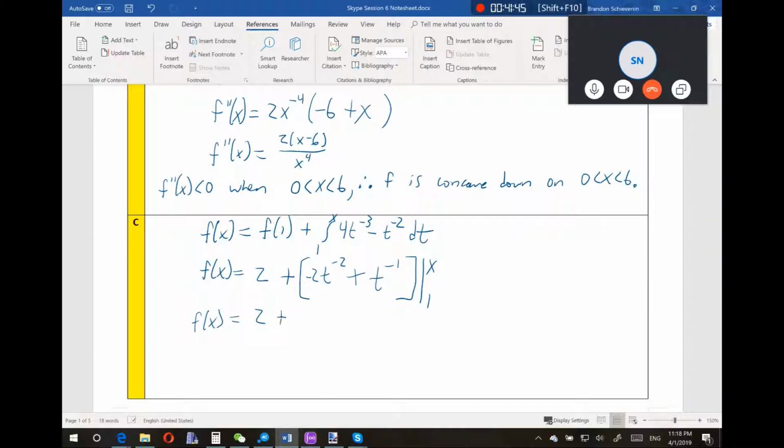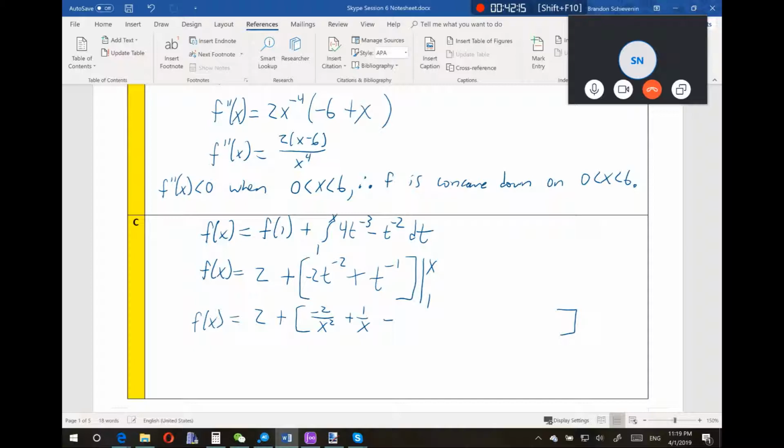It's 2 plus negative 2 plus 1, which is 1. Okay, I'm going to plug in my upper bound first. So I'm going to plug in x. Oh, it would be negative 2 divided by x squared and 1 over x.